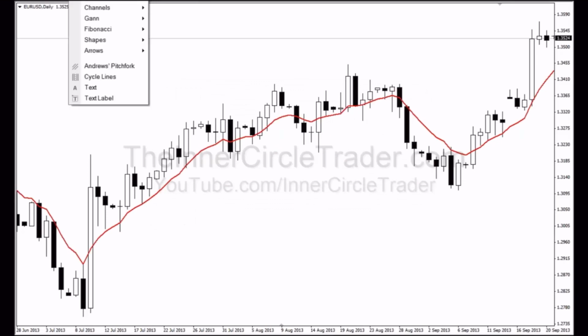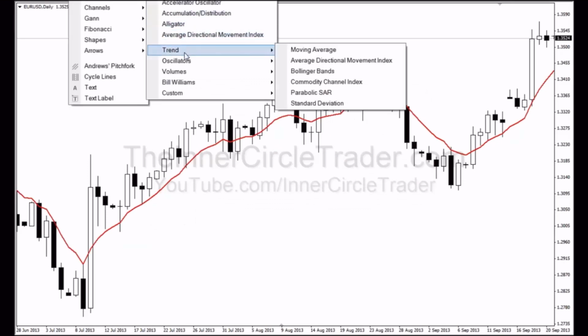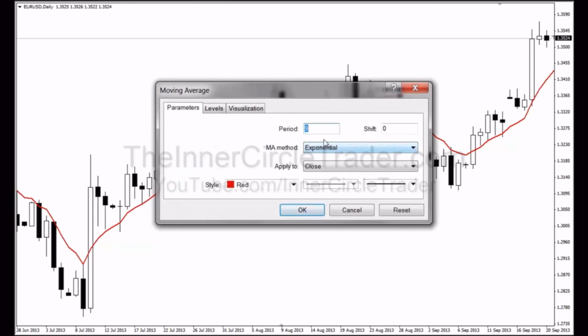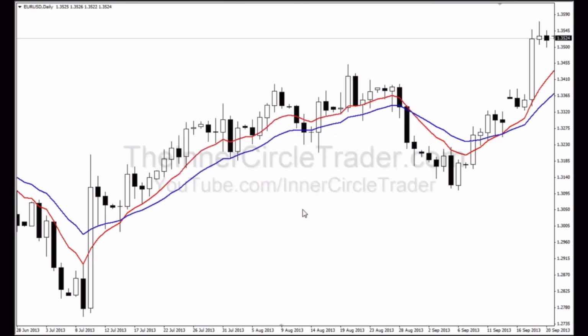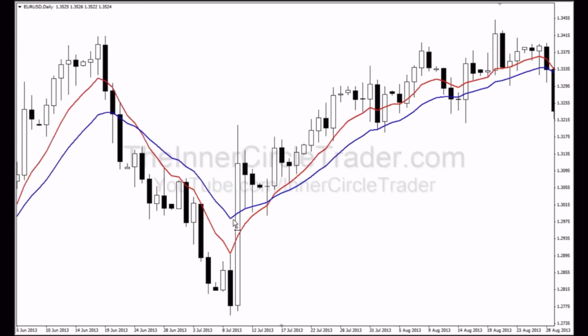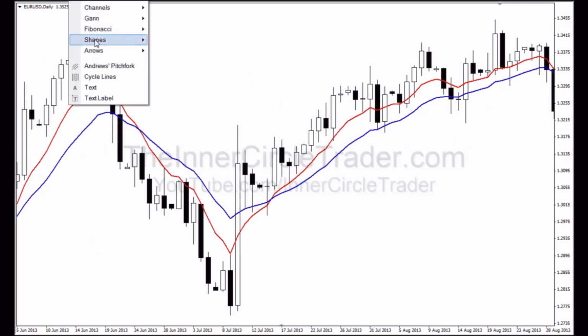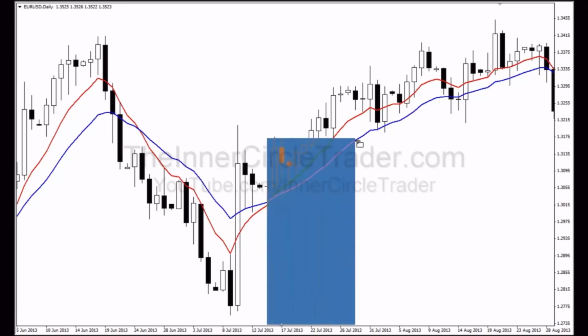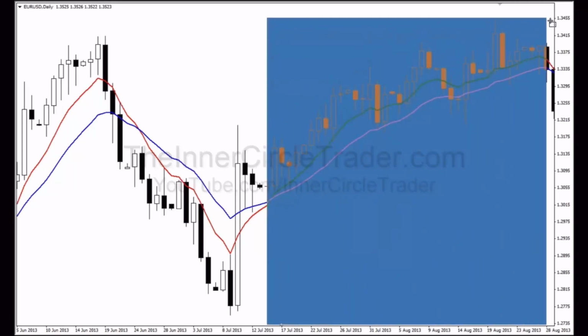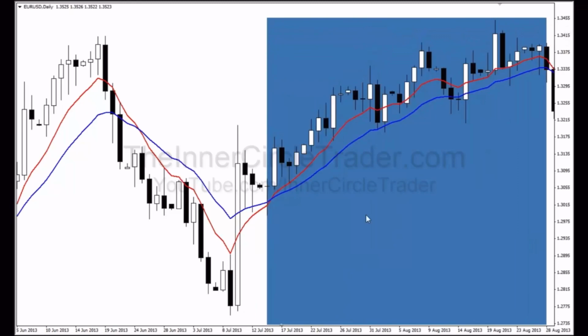Okay, and the 18 period. Okay, and what we're going to do is we're going to look at a time frame when price was moving up in here. Okay, and I'm going to highlight that with a little rectangle in here, and what that's going to help me do is show you how to use this for trade entry. And what we're going to do is we're going to break down to a 15-minute time frame to do that.